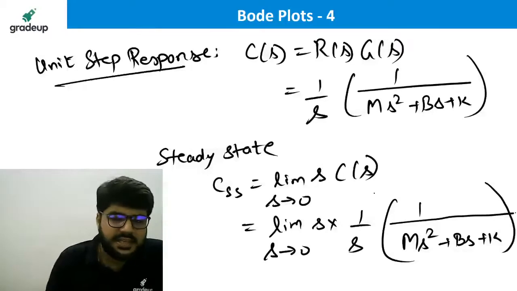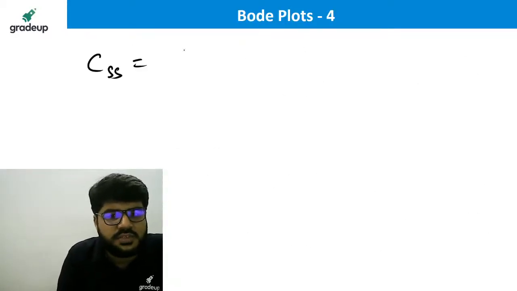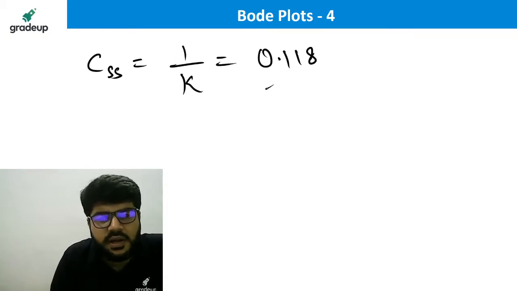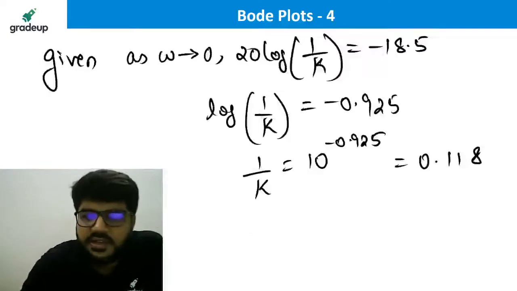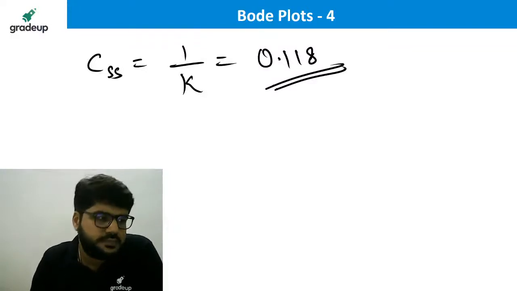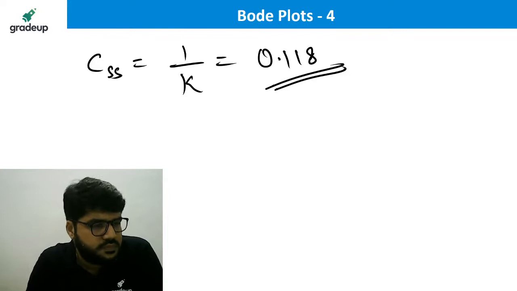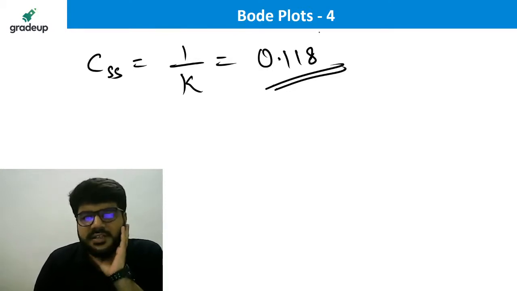So finally, the steady state value of the output is 1 upon k, and 1 upon k I already solved is 0.118, as solved earlier from the given table. Final answer 0.118. That is the answer itself.